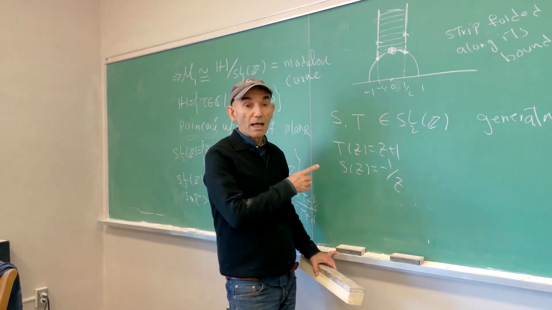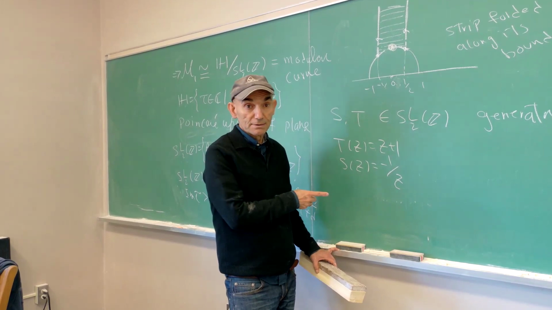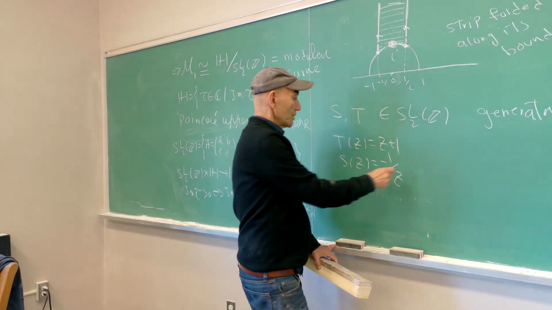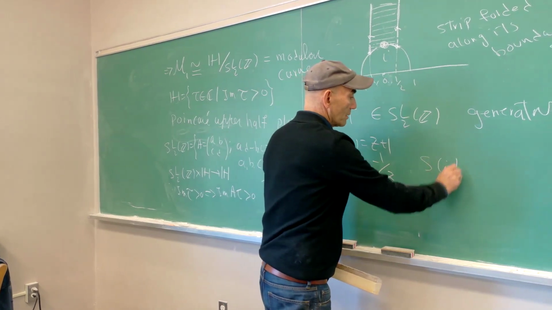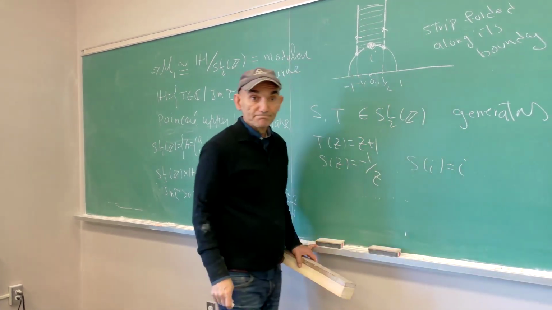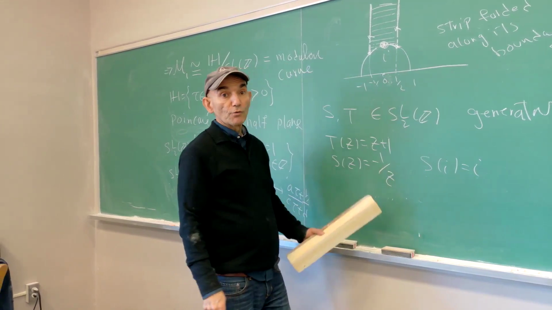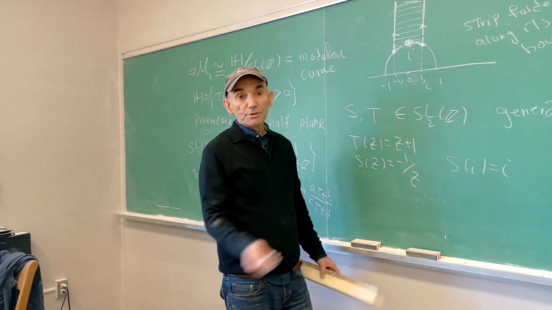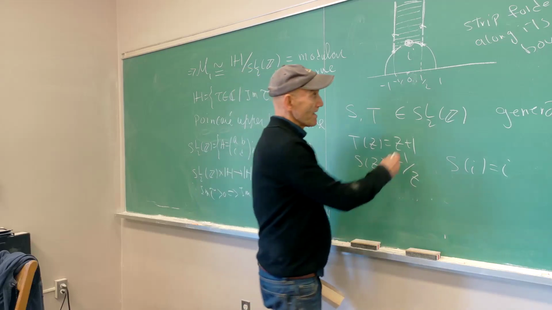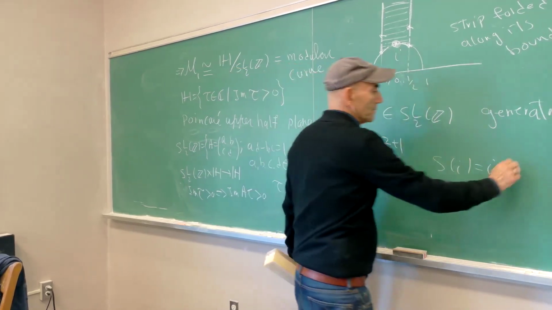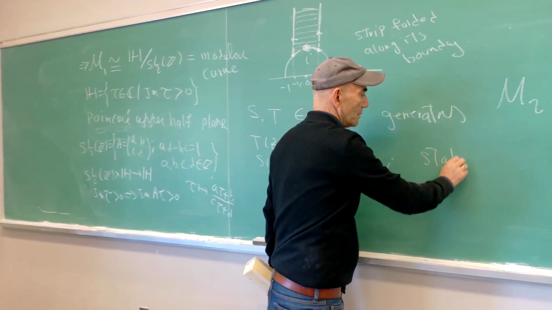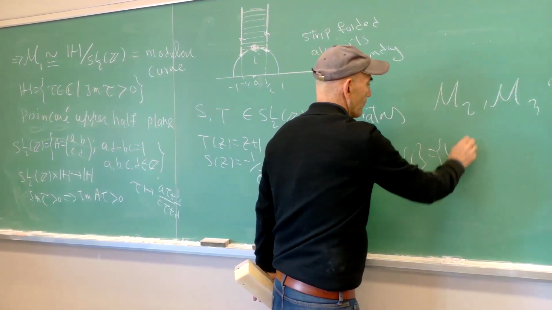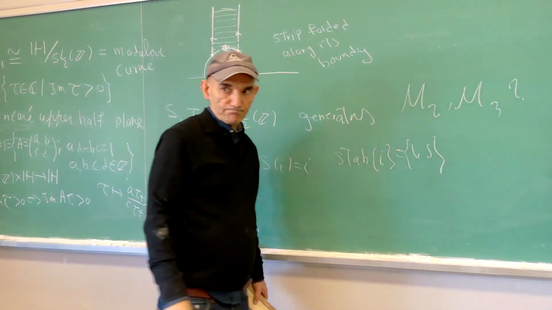Certainly, this is fixed under S. This is i, and S of i is equal to i, because minus 1 over i is i. The stabilizer of i is a subgroup of order 2.